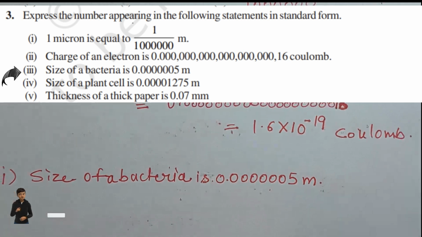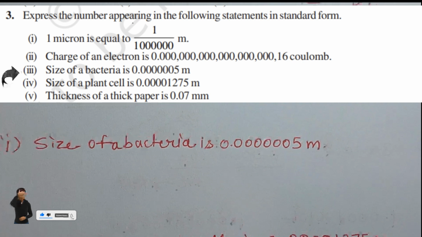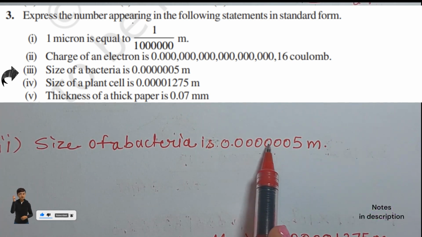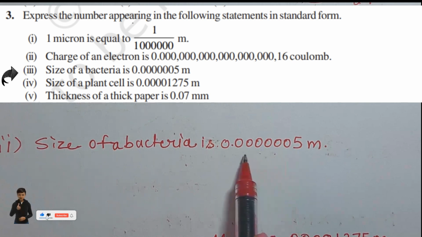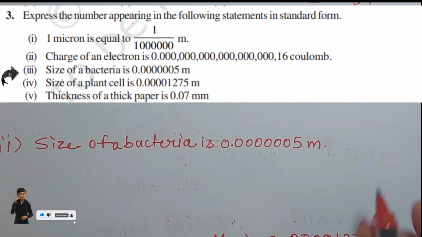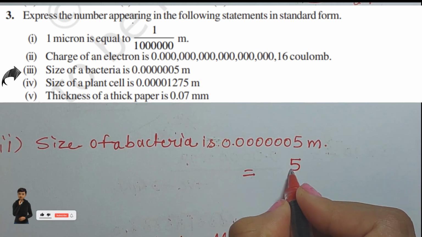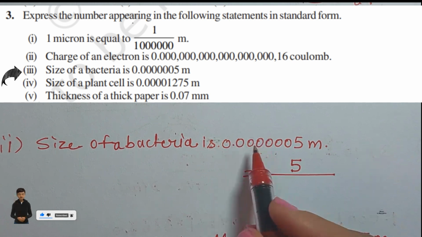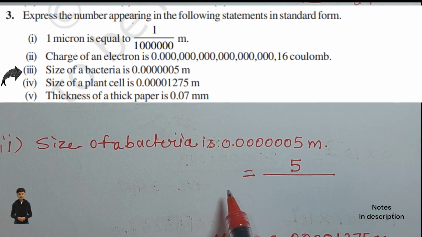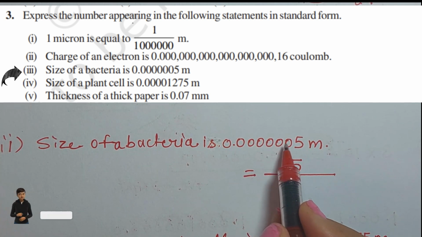Okay. Now next is the third part of this question. Size of a bacteria is 0.000005 meter. Again we will shift this decimal point to the right side. Then it will come in division. So shift this. Now how can we write it down? How many zeros are given? 1, 2, 3, 4, 5, 6.